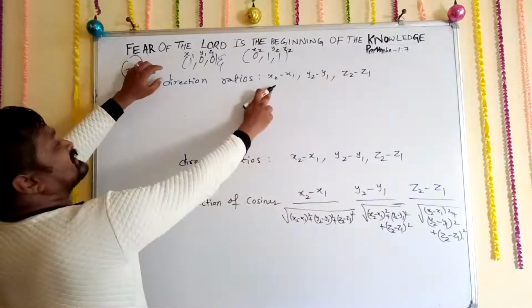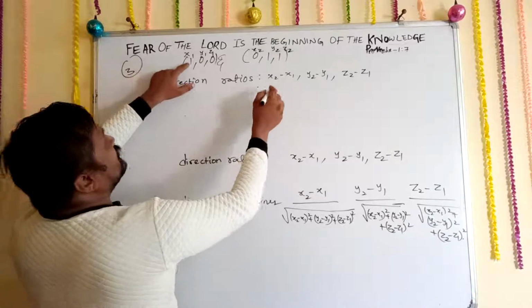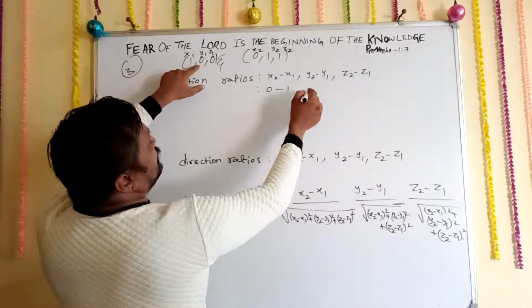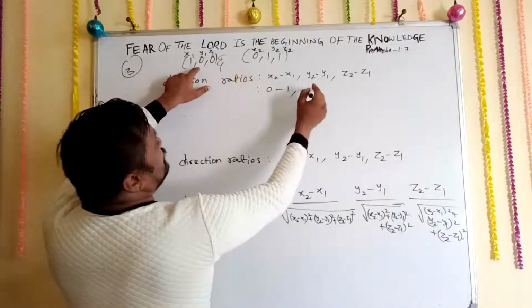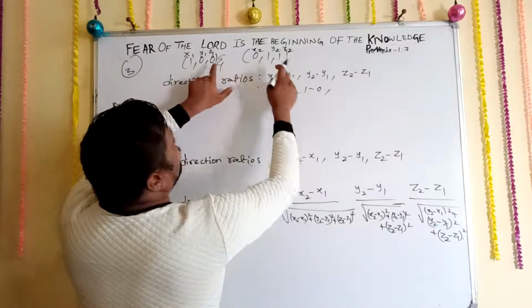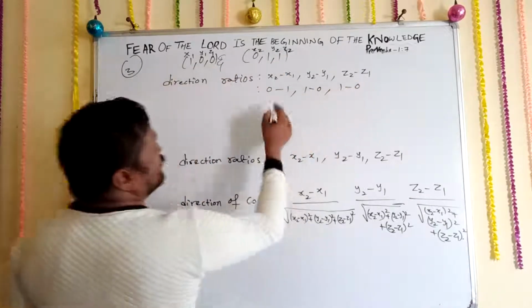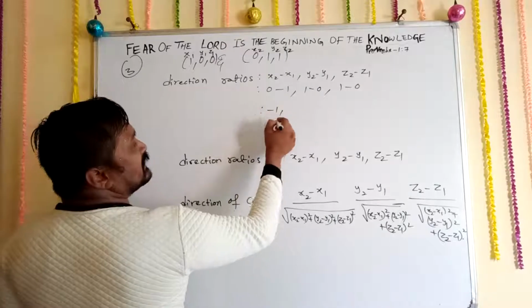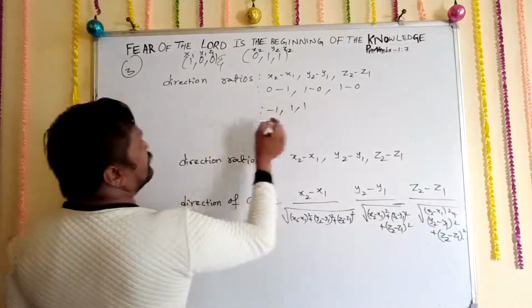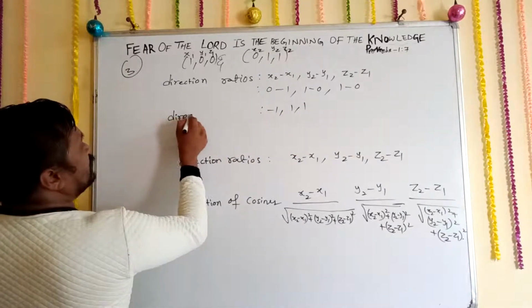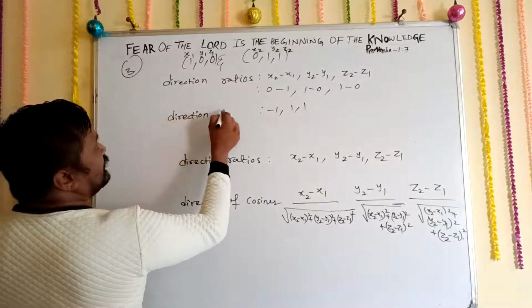So what is x2 minus x1? I'll write here 0 minus 1, and 1 minus 0, 1 minus 0. So what are you going to get? Minus 1, 1, 1. So this is your direction ratios.